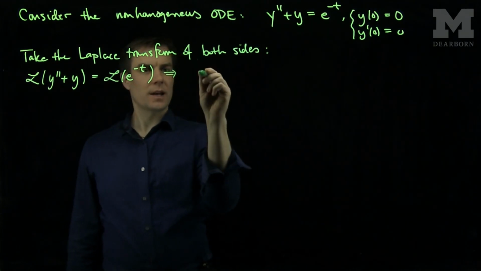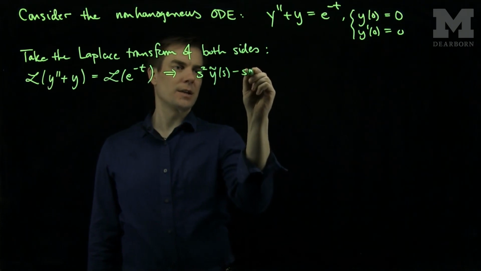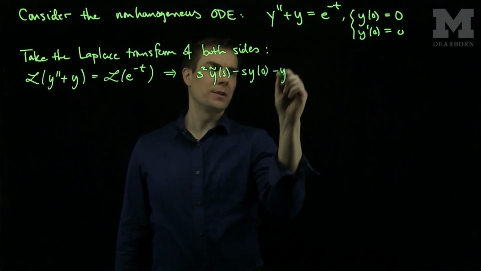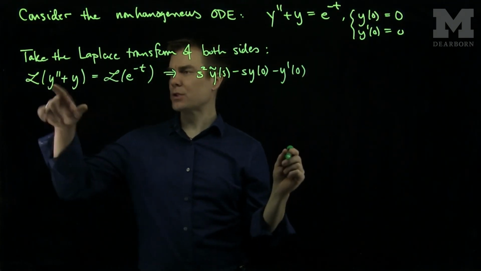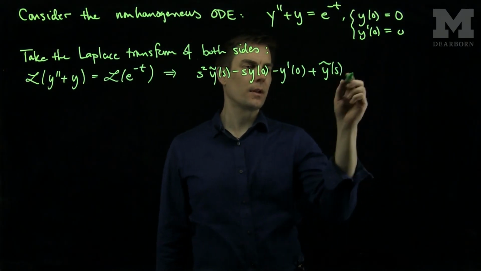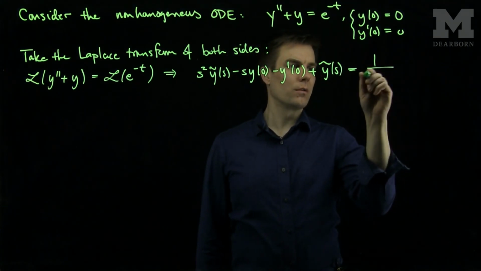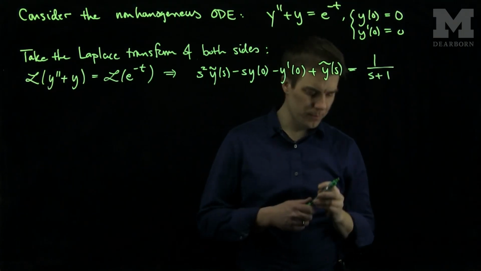This implies that s squared Laplace transform of y minus s y of 0 minus y prime of 0, that's my Laplace transform of the second derivative, plus the Laplace transform of y is equal to the Laplace transform of e to the negative t, which is 1 over s plus 1.